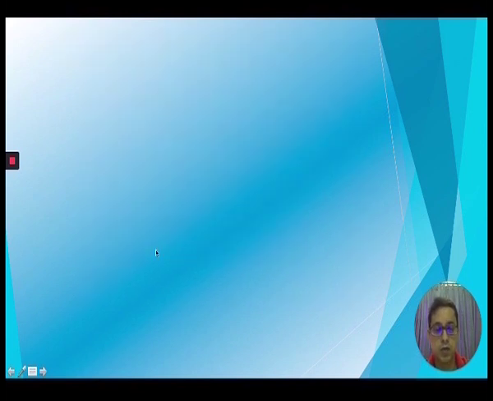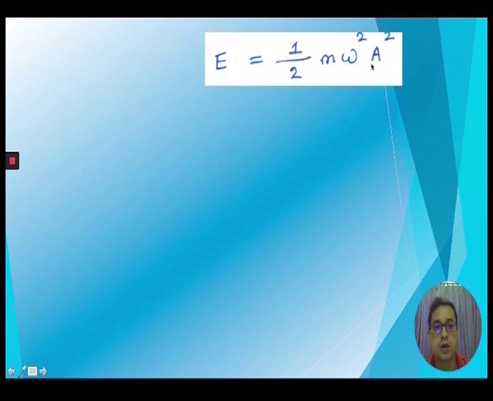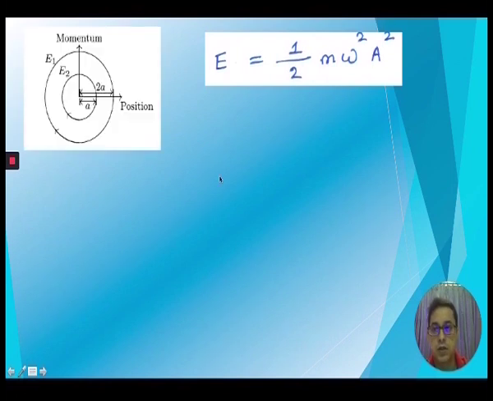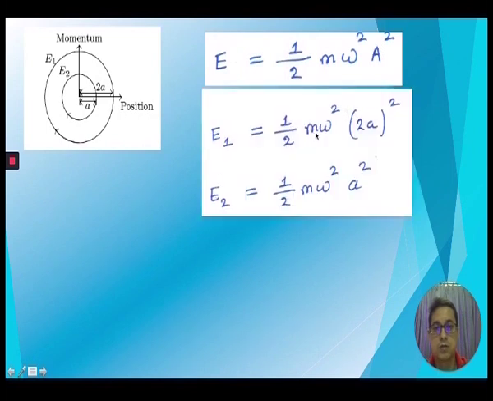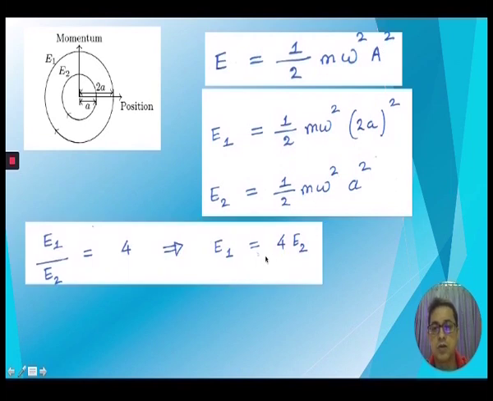So simply apply E is equal to half k a square, which is half m omega square a square. In the first case, E1 has amplitude 2a, so this is half m omega into 2a square, and E2 is this. You just take the ratio, it's very trivial. So E1 turns out to be 4E2.